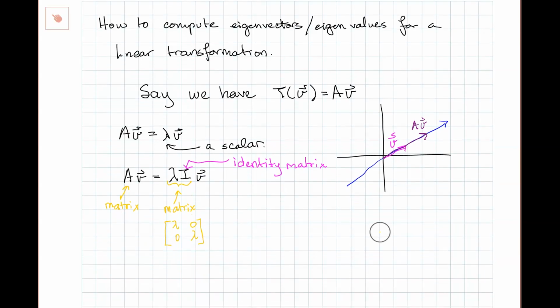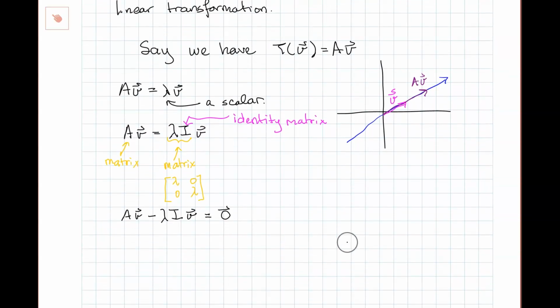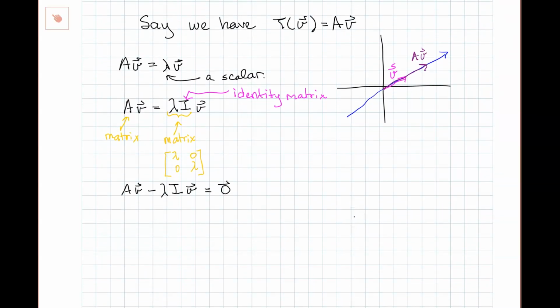And now I'm going to take an algebraic step and move everything over to one side. And now I have A times that vector minus lambda I times that same vector is equal to 0. And because of the way matrix multiplication and addition and subtraction work, I can actually factor out that vector.